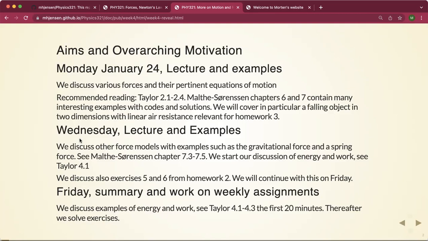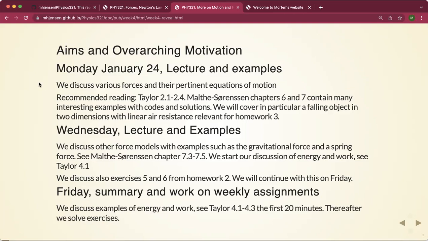This is actually the topic in exercise 6 this week, and some of you may already have seen that. If you haven't, we are going to discuss it this week together with the different examples of applications of forces. So that's basically the program for the week.